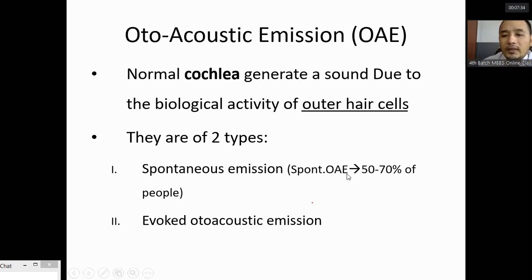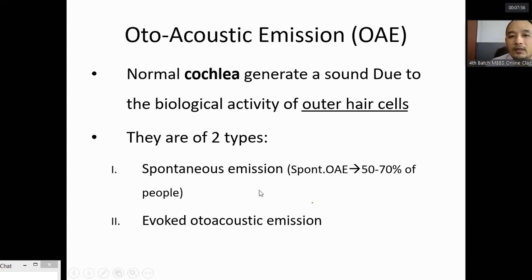Spontaneous OAE is present in 50 to 70% of the people, and OAE is especially used in newborn hearing screening because a newborn baby cannot do any subjective test. This objective test for hearing screening is done for newborn babies. Oto-Acoustic emission has just 2 results: pass or fail.